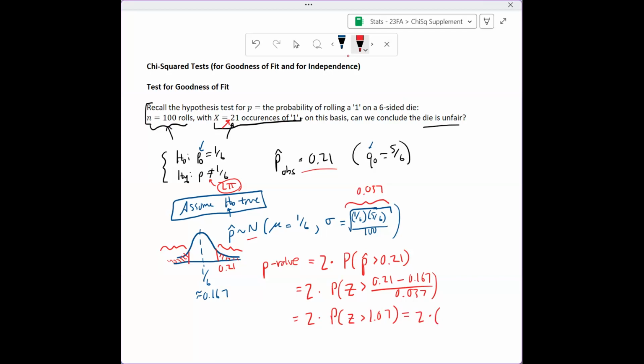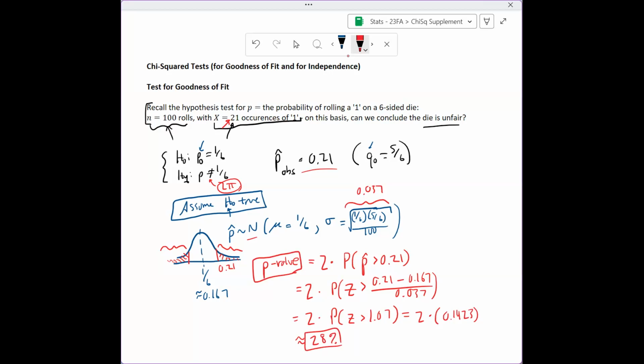We can look up the probability Z is bigger than 1.07 off the normal table, and that's about 0.1423. So this is about 28% for our p-value.